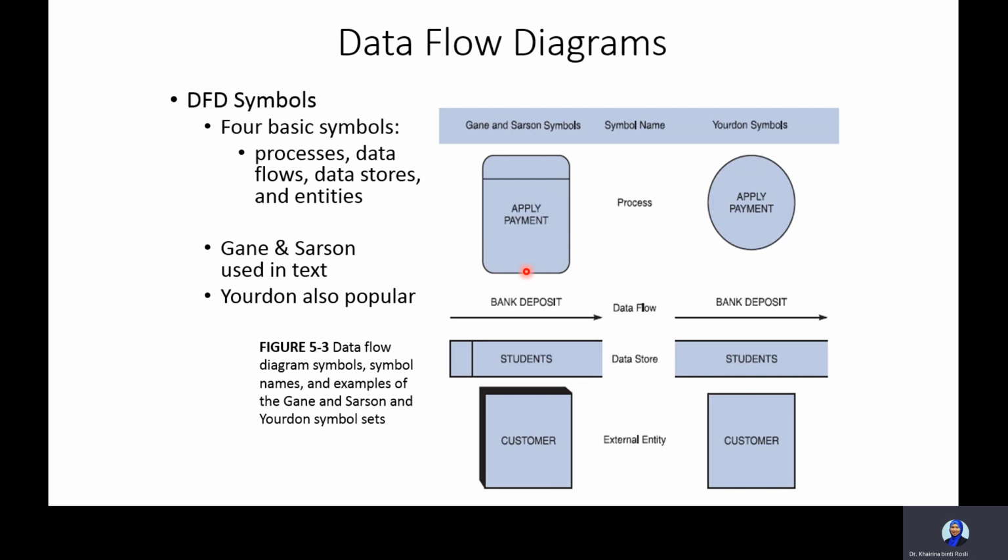Make sure it has a curve at the corner to make it different from the external entity. The external entity is the rectangle or square symbol, whereas the process has a curve at the corner to show the process.